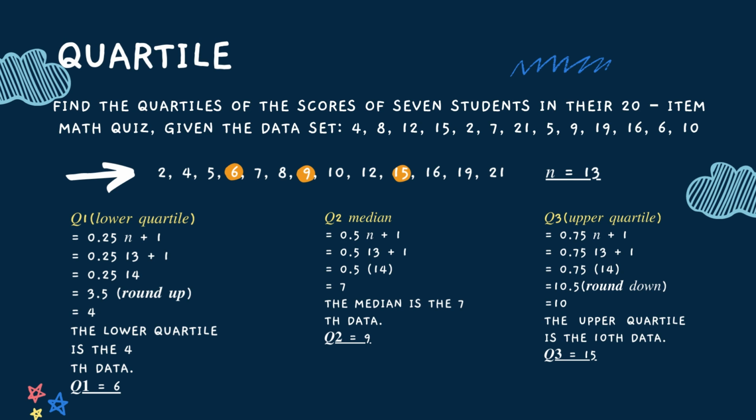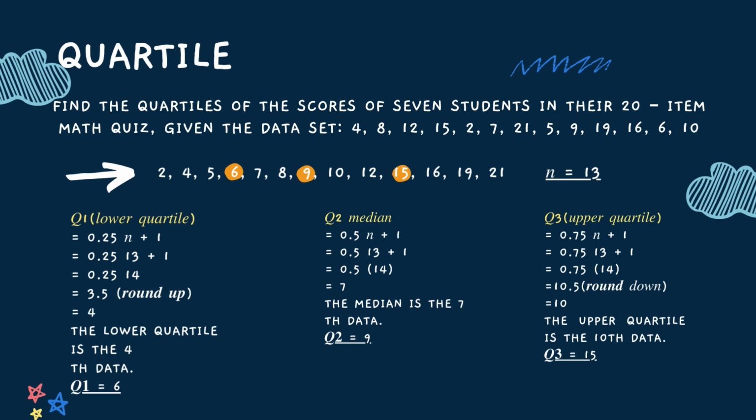Given the data set, we have 4, 8, 12, 15, 2, 7, 21, 5, 9, 19, 16, 6, and 10. We have to arrange it in order from lowest to highest value.